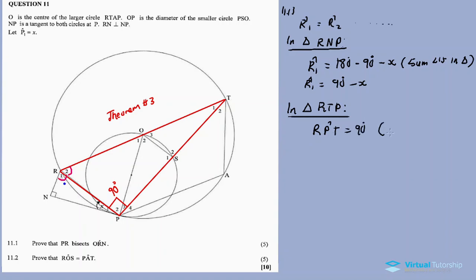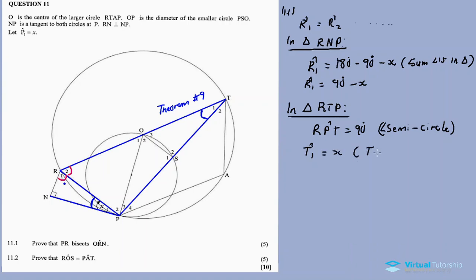Why is it equal to 90 degrees? It's because of theorem 3. Theorem 3 says it is an angle in a semicircle. Therefore it is 90 degrees. And then for the second one, using the tan chord theorem, we say angle T1 is equal to X.